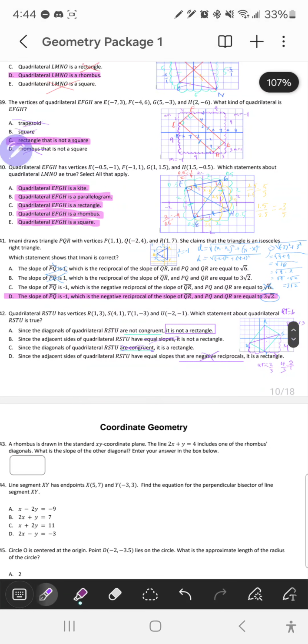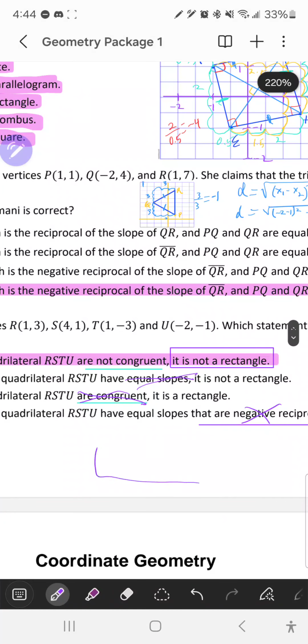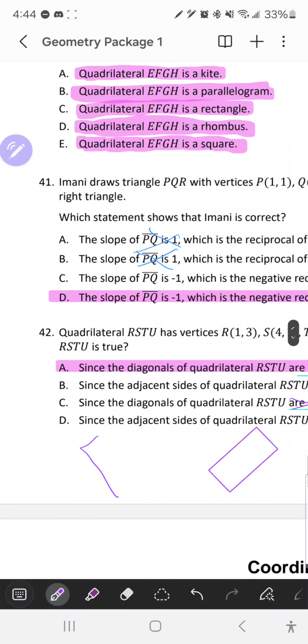But if you see that the diagonals are not equal, then okay, it is not a rectangle, because all rectangles like this or like this, okay, this was supposed to be a rectangle, like this, it doesn't matter how the rectangle is, the diagonals are going to be equal.